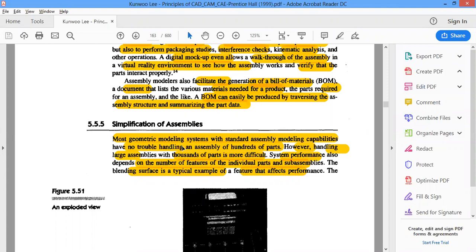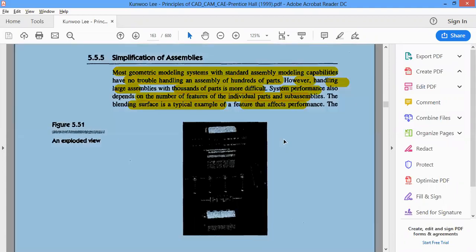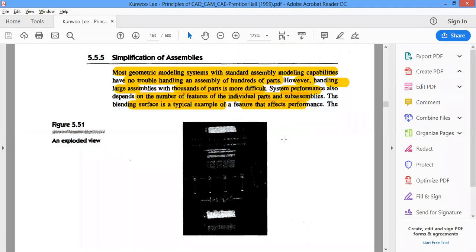So the next thing is about the simplification of these assemblies. Now if you take smaller assemblies, for example, a screw jack or a plumber block, which has only some 7 to 10 parts, or in some cases even up to 20 parts, then when you go in for analysis or for further processing, we can analyze everything in detail.